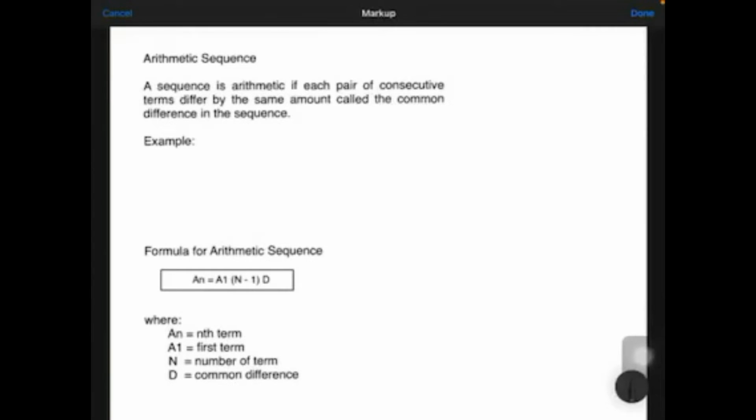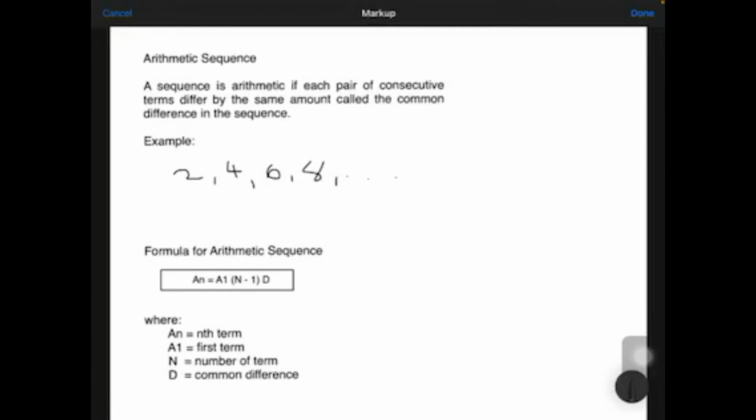Arithmetic sequence. So what is an arithmetic sequence? A sequence is arithmetic if each pair of consecutive terms differs by the same amount, called the common difference of the sequence. An example of an arithmetic sequence is 2, 4, 6, 8, and so on.